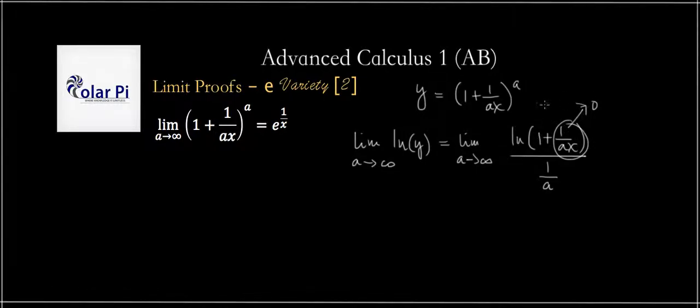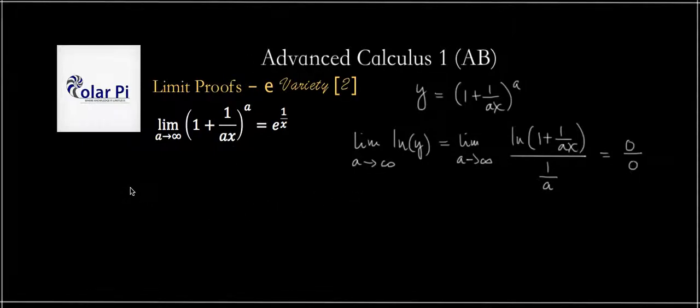So the numerator is going to go to ln of 1 plus 0, so the natural log of 1, but the natural log of 1 is 0. And as a goes to infinity, 1 over a is going to go to 0. So we get 0 over 0, which is an indeterminate form, which will allow us to use L'Hopital's rule.